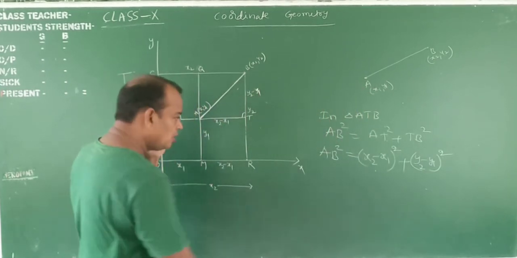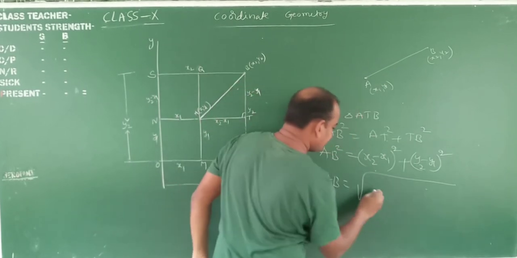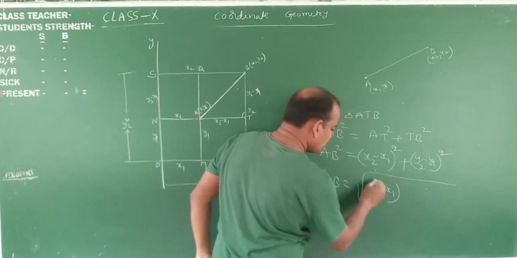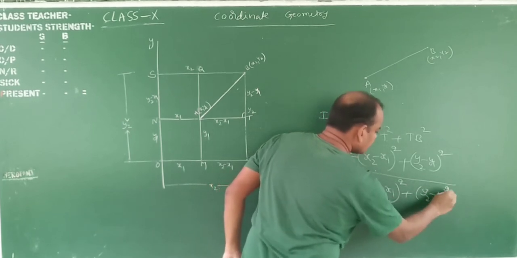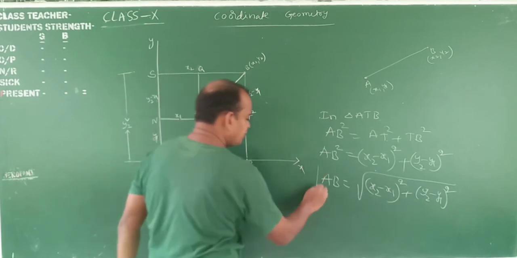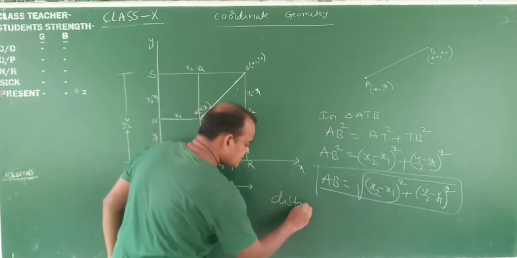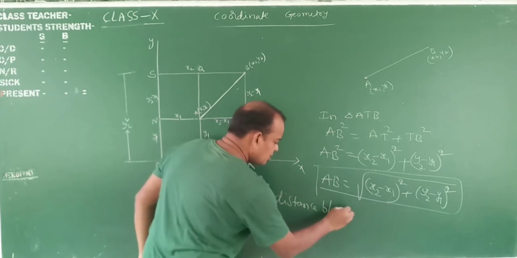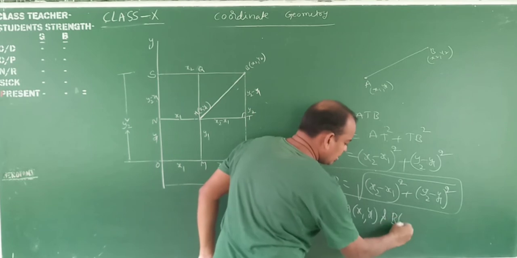Okay, my dear students. Now AB square means root. AB is equal to under root of (X2 minus X1) whole square plus (Y2 minus Y1) whole square. This is the formula for the distance between two points.